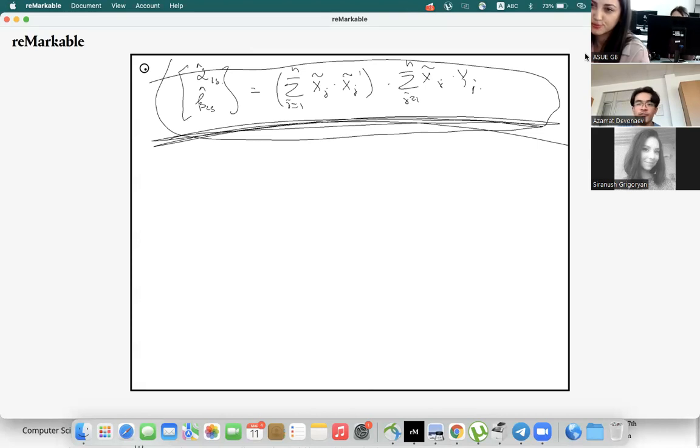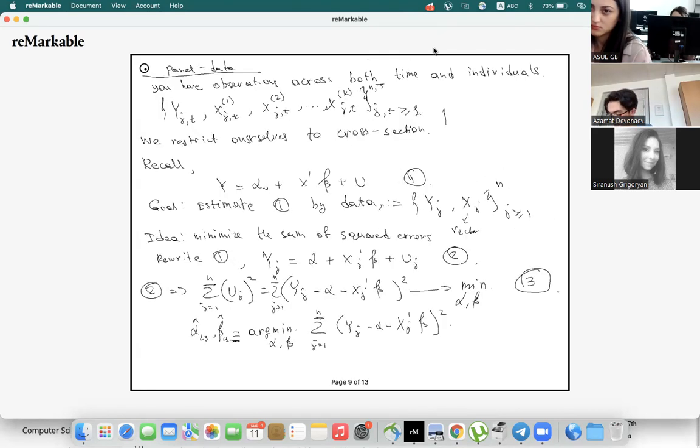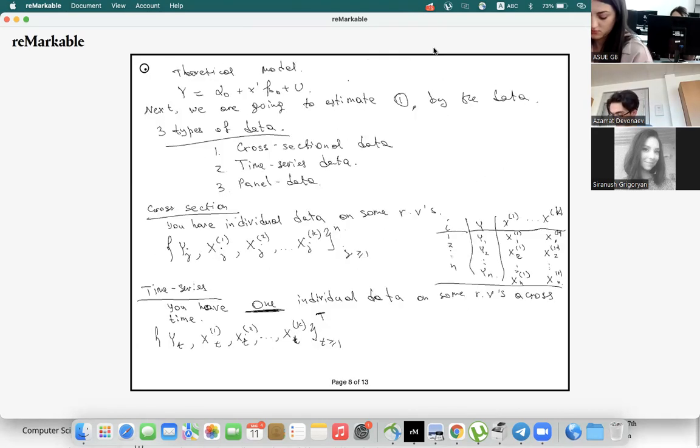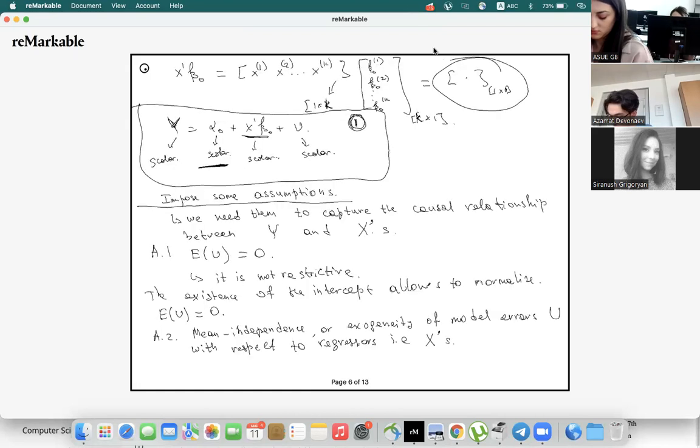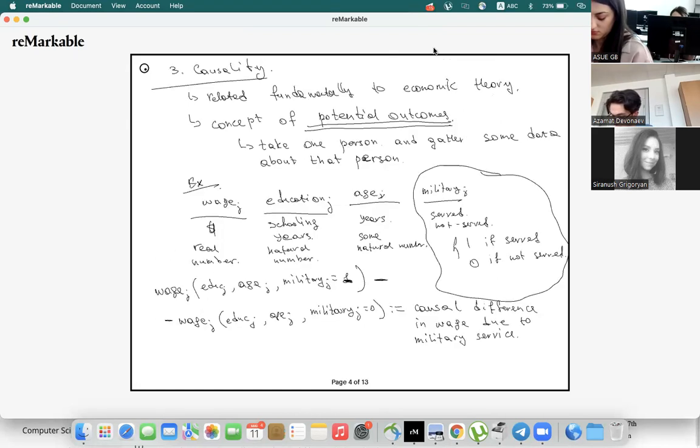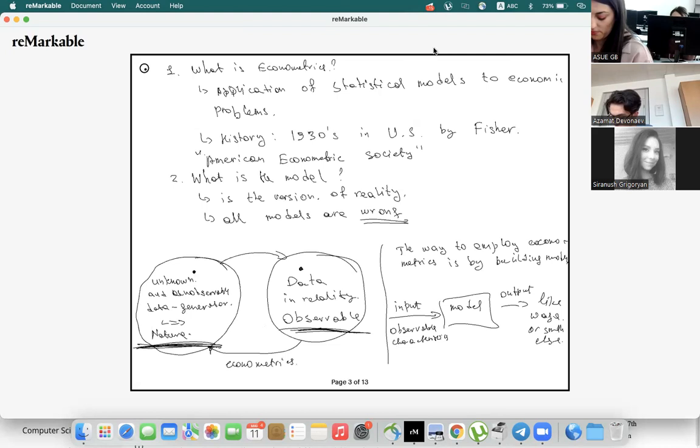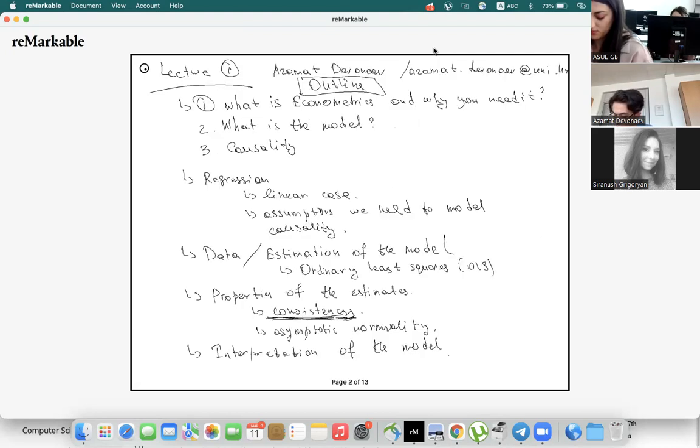If you have any questions, just tell me, because I don't have any time to deal with the consistency. In the beginning I was planning to discuss the properties of the estimates, specifically the consistency.